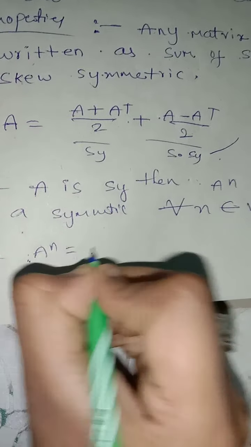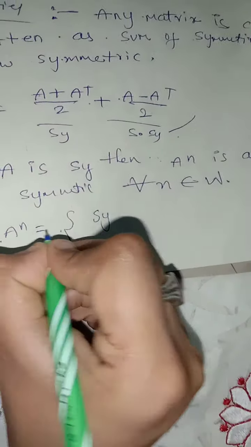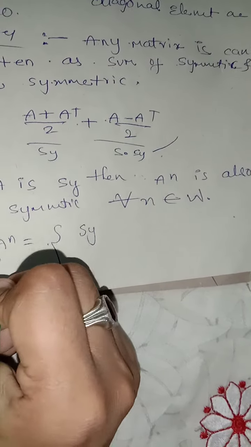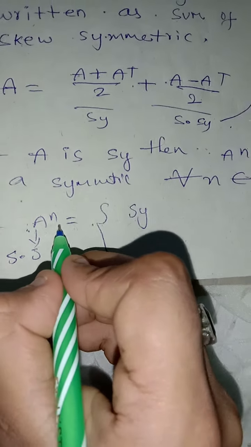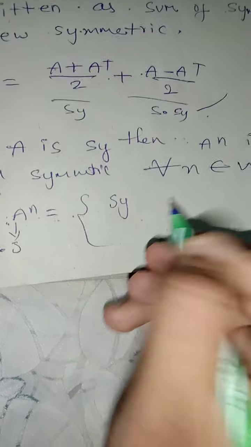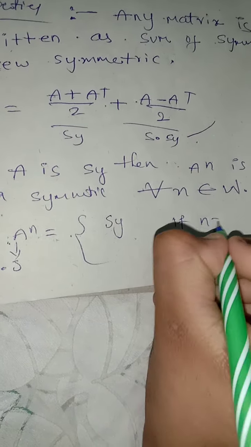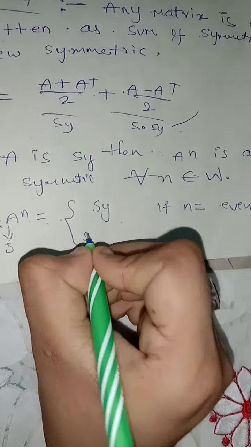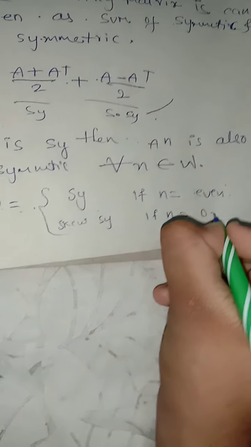Then A power n becomes symmetric if n is even, and skew symmetric if n is odd.